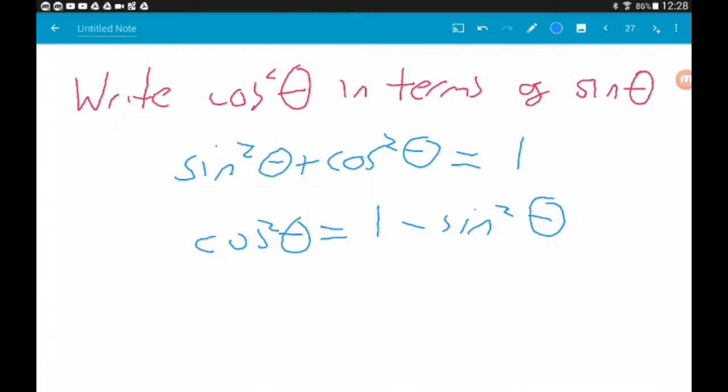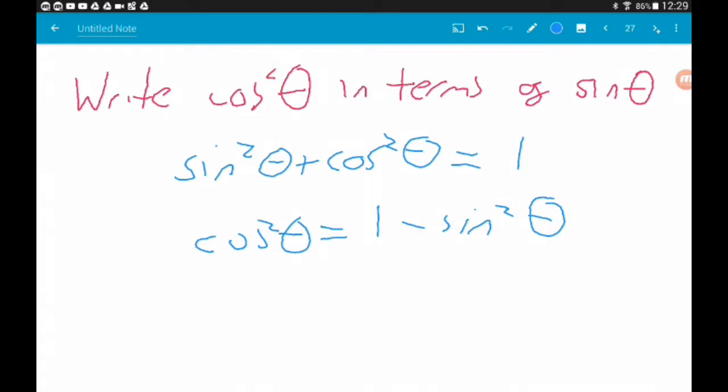So at the moment we have got cos squared theta in terms of sine squared theta, but we want it in terms of sine theta. So on the right we have a difference of two squares. One is a square number, sine squared theta is a square number, and we've got a subtraction.